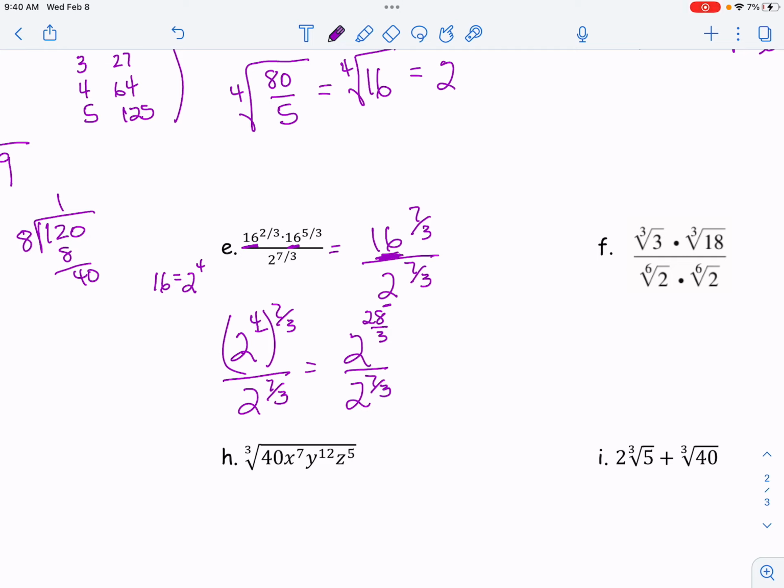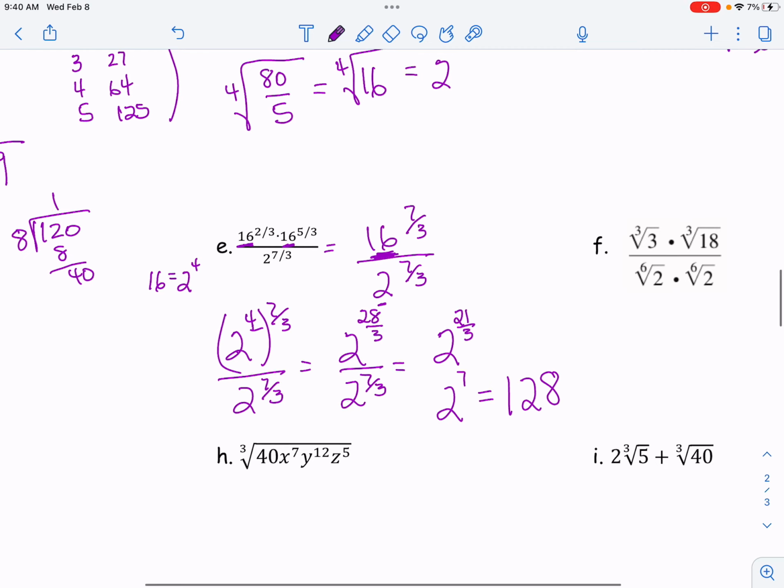And then I have like bases, so I can follow the rules for division, which is subtract the exponents, and I get 2 to the 21/3, which is 2 to the 7th power. 2 to the 5th is 32. 2 to the 6th is 64. This is 128.